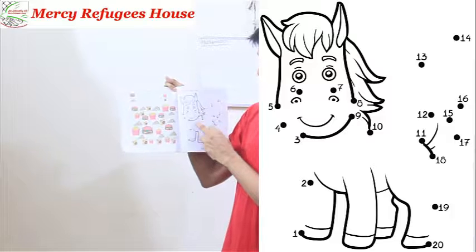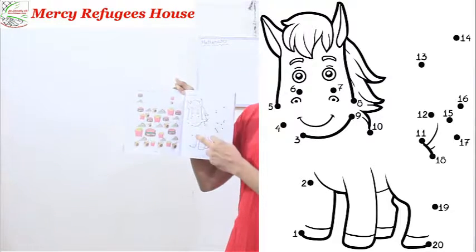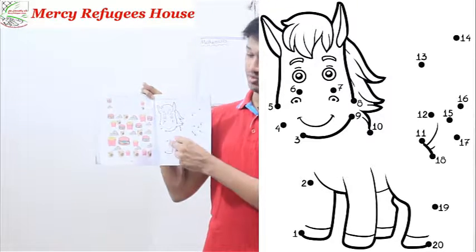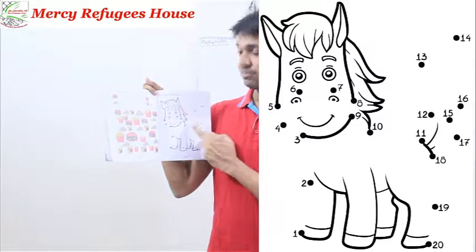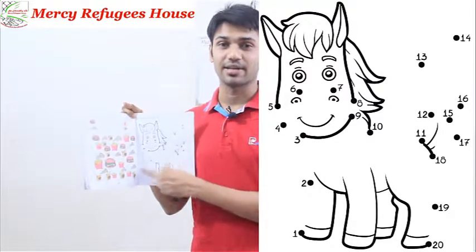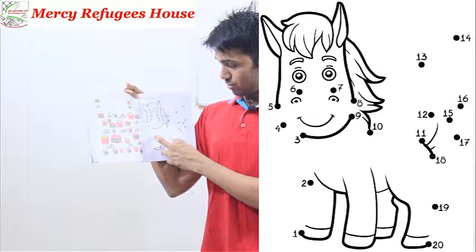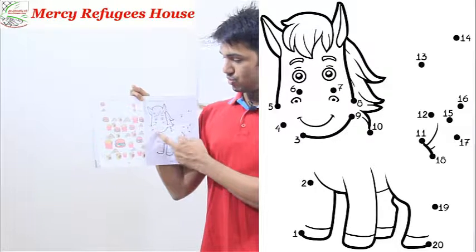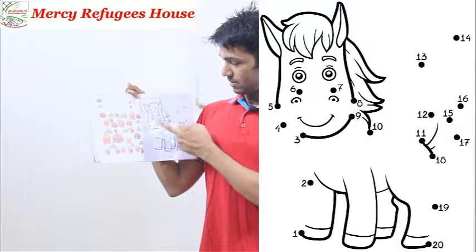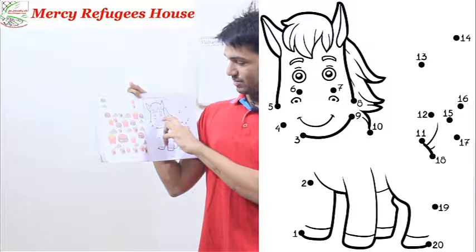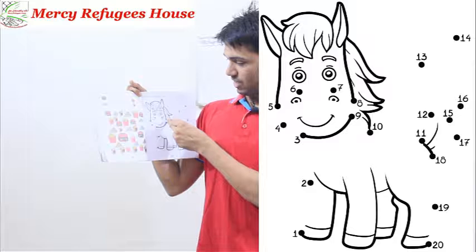Look at this picture. It has got dots. There are 20 dots. The student will connect them and it will become a picture of a lion. First ask them to connect it, right? 1 to 2, 2 to 3, 4, 5. Then 6 to 7, they will connect it. Then 8 to 9.